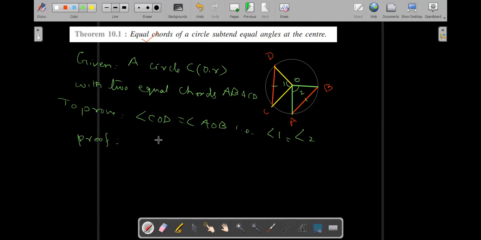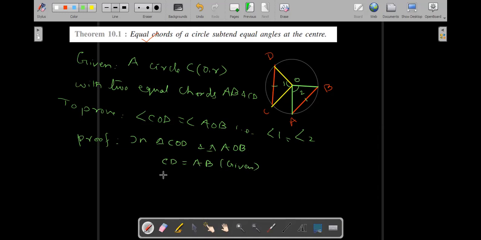So in triangle COD and triangle AOB, I'll write first the side of COD. CD is equal to AB. Why? Because it is given that these two chords are equal.